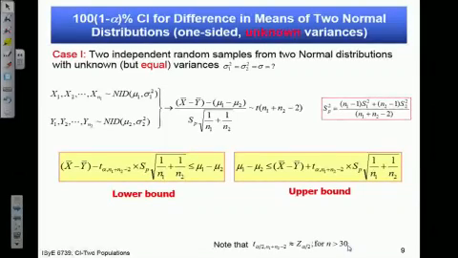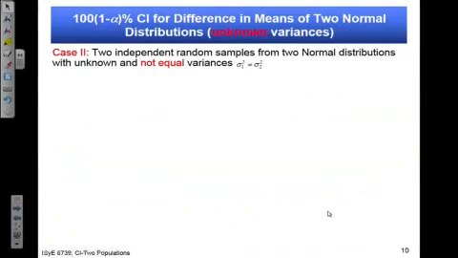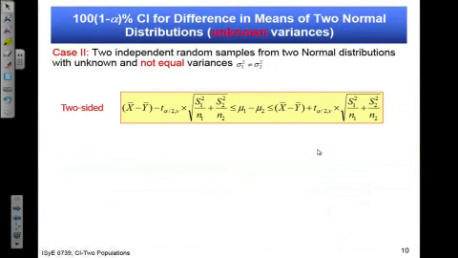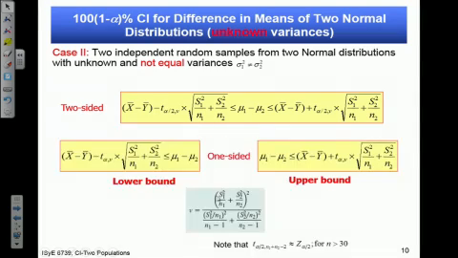In cases the variances are unknown, we use basically another set of confidence intervals. It's not exact, it's an approximate confidence interval, and that's why the degrees of freedom is something in this form.